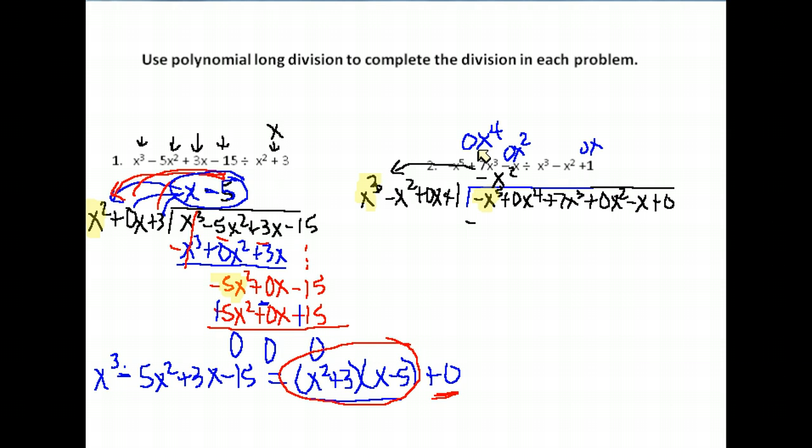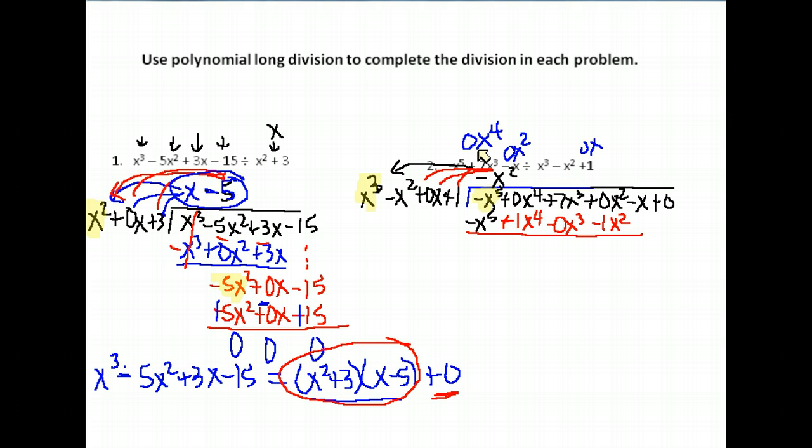Negative x squared times x to the third is negative x to the fifth, just like we'd hoped. Negative x squared times negative x squared is a positive 1x to the fourth. Negative x squared times 0x is a 0x to the third. And negative x squared times 1 is just a negative 1x squared.